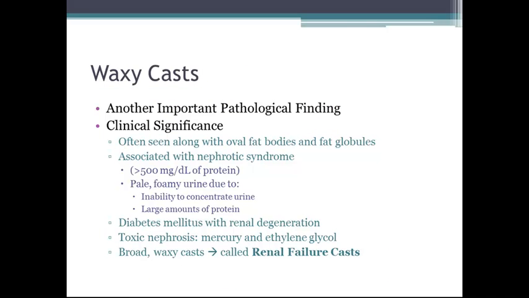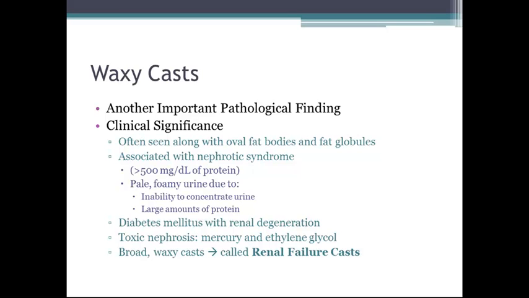Waxy casts, another important pathological finding. The clinical significance: often you see them along with oval fat bodies or fat globules associated with nephrotic syndrome, and there's a lot of protein in the urine. Pale, foamy urine typically incorporates waxy casts and is due to the inability to concentrate urine, and it often has a large amount of protein.